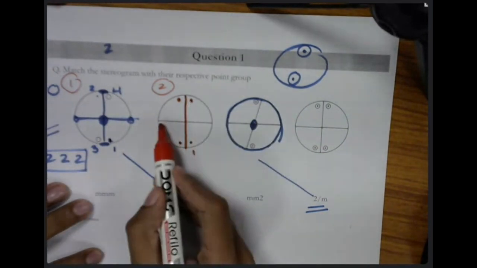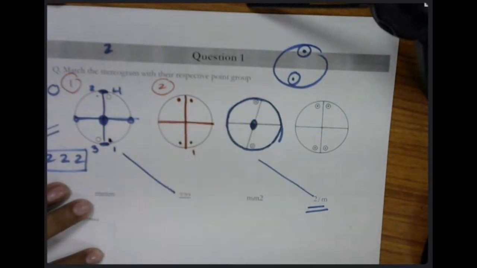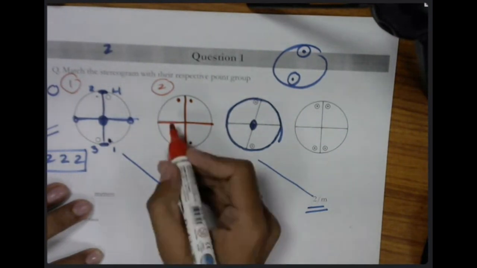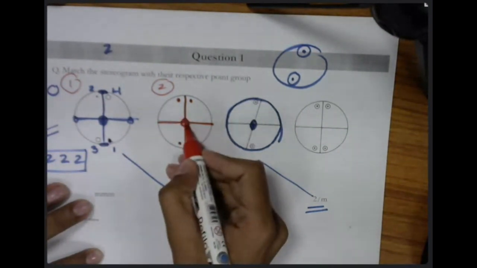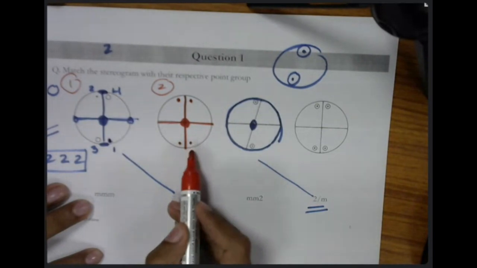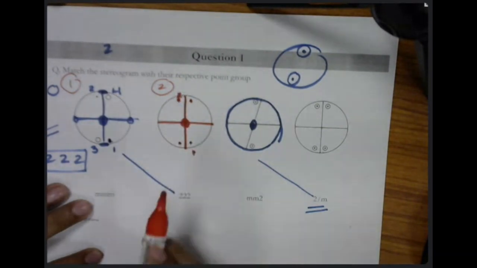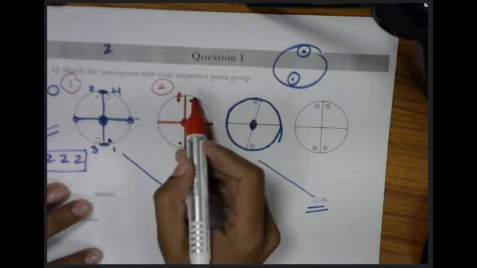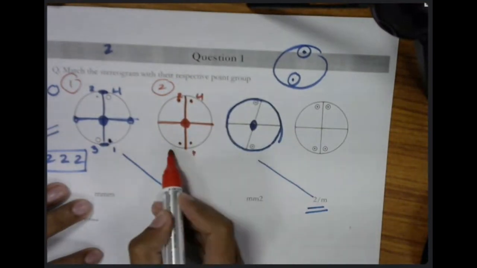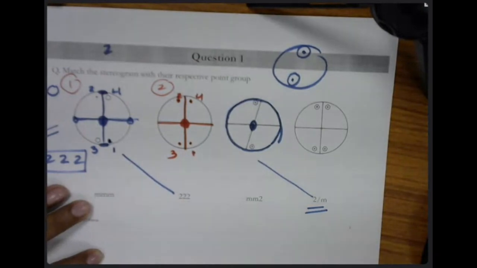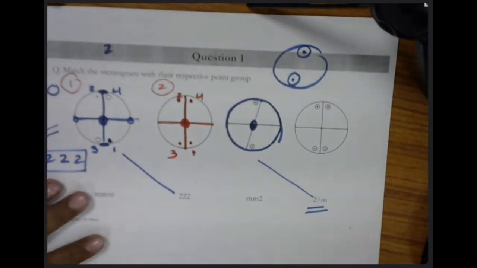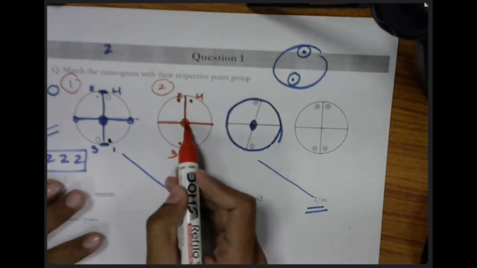And we can see that there is another mirror also, which is produced. So the combination of the twofold, which produces point number 1 to point number 2, and the mirror, which is producing 2 to 4 and 1 to 3, is a combination of the twofold and the mirror.